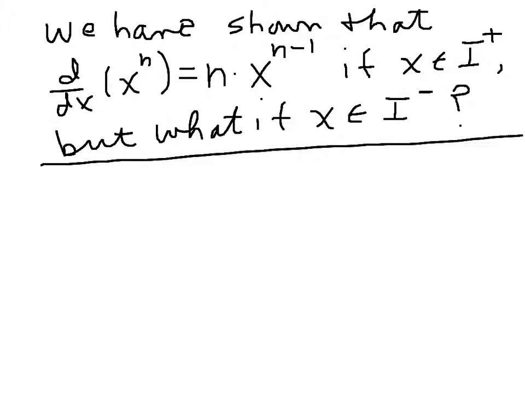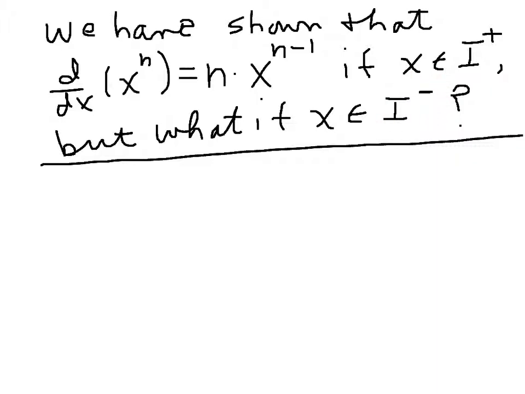Now, we have shown that the derivative with respect to x of x to the n is equal to n times x to the n minus 1, but we've only shown that if n is a positive integer. So at this point we want to ask the question, what if n is a negative integer?